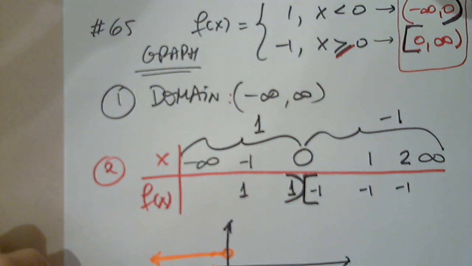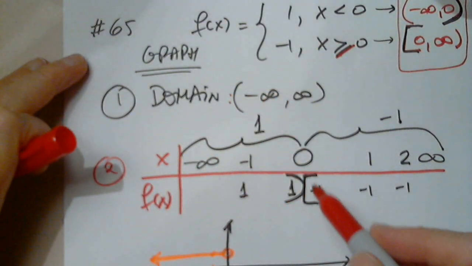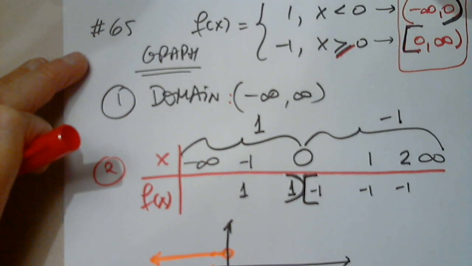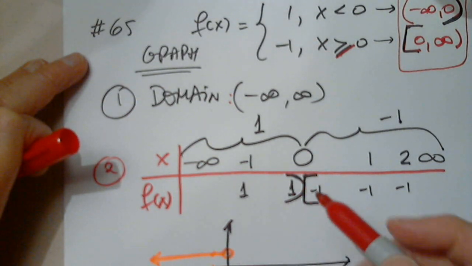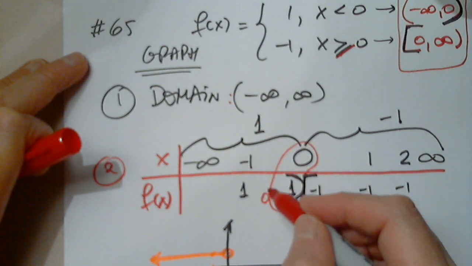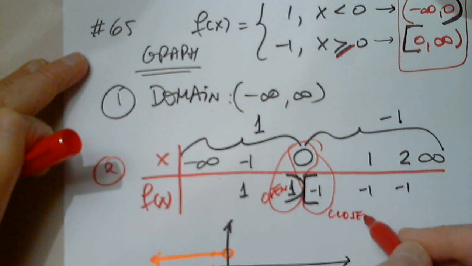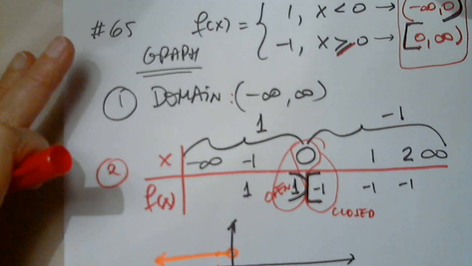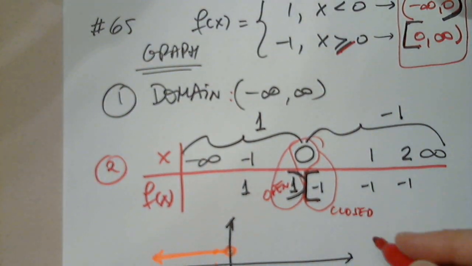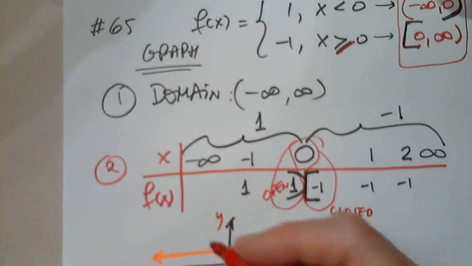Now, at 0 is negative 1, but it's a full point. It cannot have two full points. This is open because it's a parenthesis. And this is closed because it has a bracket. And all the way towards negative infinity is negative 1 everywhere.